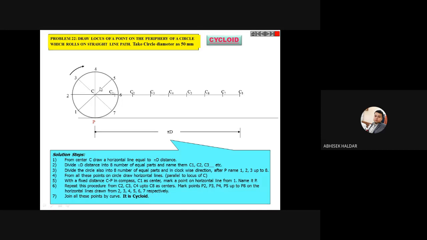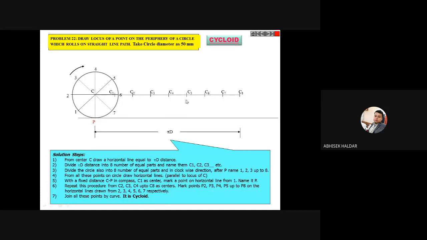If I divide this circle into 12 equal parts, obviously I have to divide this pi d length into 12 equal parts. Keep that in your mind. If someone wants to get a more precise curve, they can divide the circle into 12 equal parts. For that, this pi d length also should be divided into 12 equal parts.